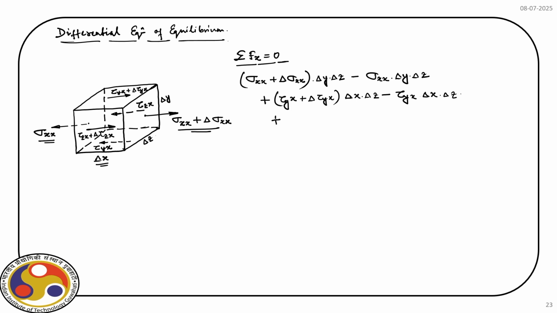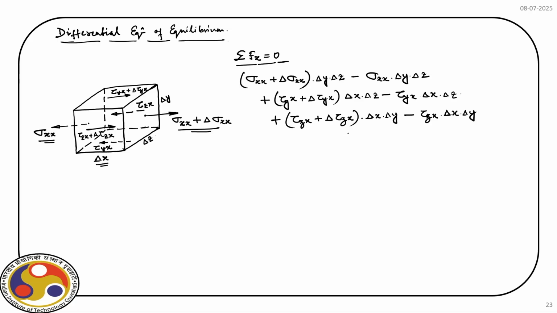Then we have tau zx plus delta tau zx times the area, which is delta x delta y, and over the opposite face we have tau zx times the same area delta x delta y.